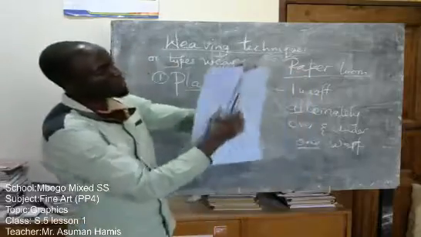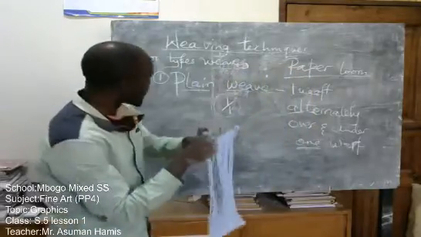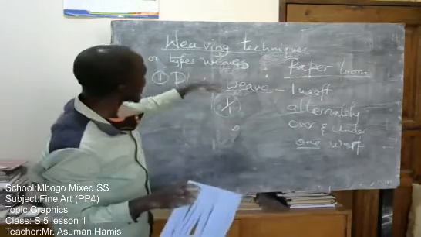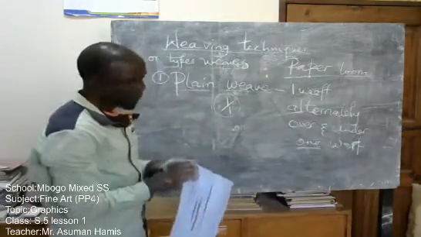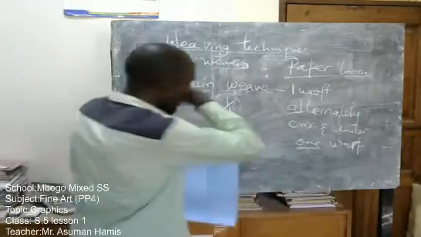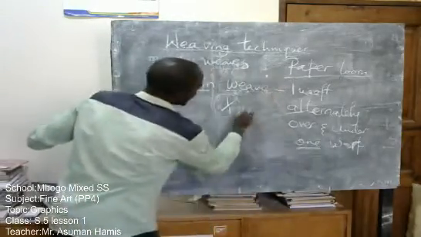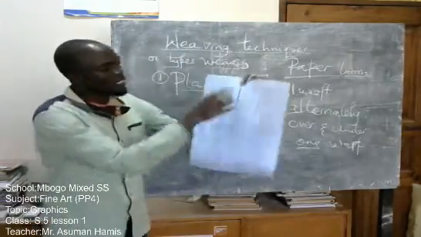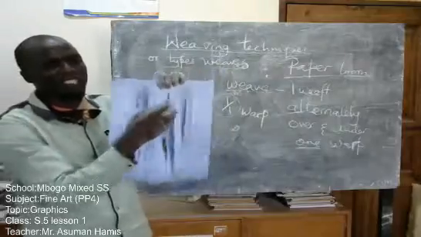So these are my vertical threads. Like we agreed, vertical threads or vertical yarn is what we are calling the warp. Vertical is what we are calling the what? The warp. Meaning that if this paper is placed like this, these are my what?